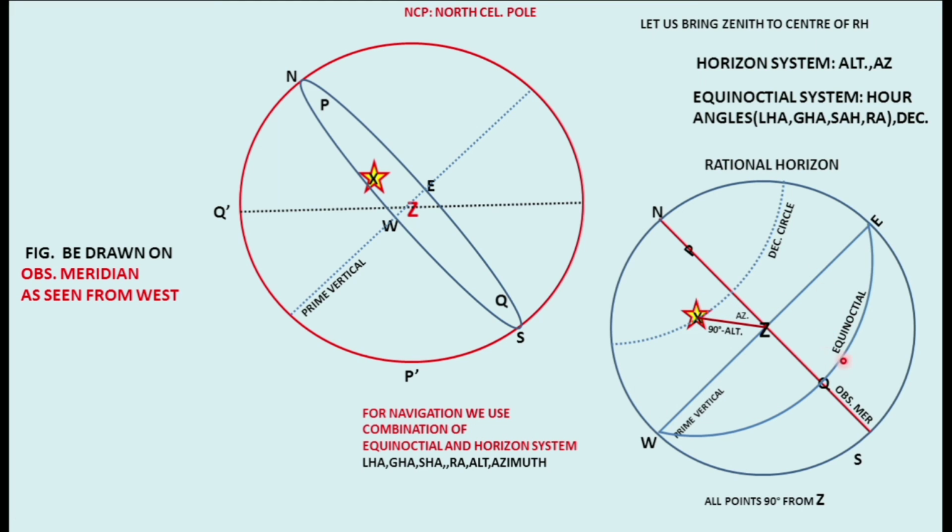We talked about the declination circle, a small circle parallel to the equinoctial. From pole to equinoctial is 90. This is declination. So P to X, the polar distance, would be 90 minus declination. And the angle at the pole between the observer's meridian and the meridian passing through the body, measured westward, is the LHA. So here I have used even the equinoctial system to get this triangle.